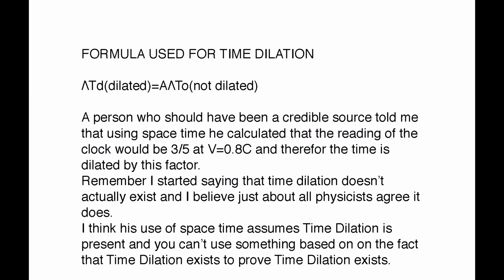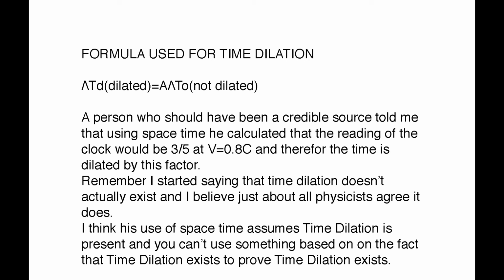Formula used for time dilation. Delta T sub D, D standing for dilated, equals A delta T0, not dilated. A person who should have been a credible source told me that using space-time, he calculated that the reading of the clock would be 3/5 at V equals 0.8 C, and therefore the time was dilated by this factor.